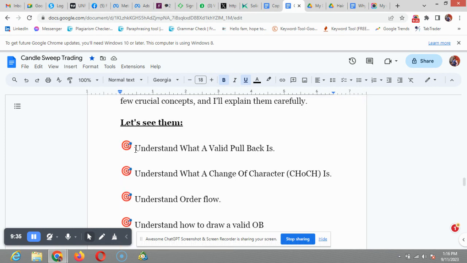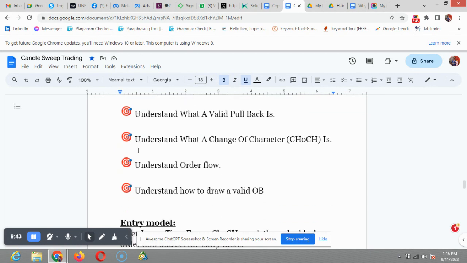The first one is you want to understand what a valid pullback is. Another one is you want to understand what a shift of character is. I will explain all of this. You also want to understand order flow, and how to draw a valid order block, which is called OB. I will teach you all of this in our subsequent classes.